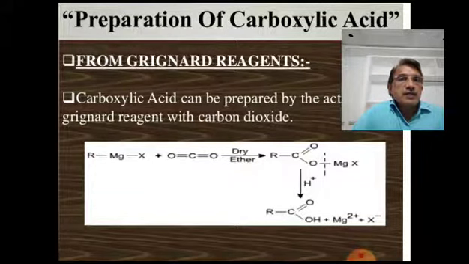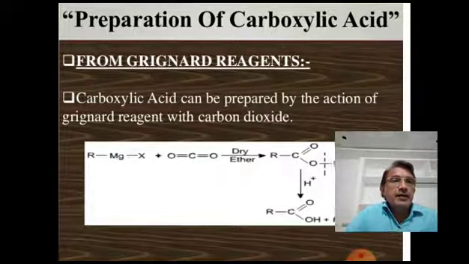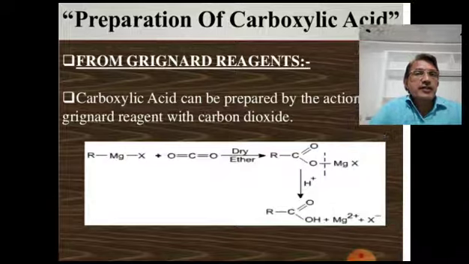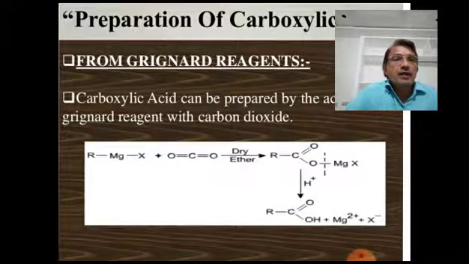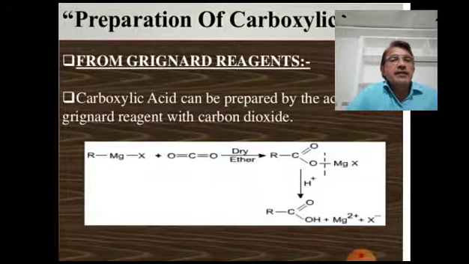Carboxylic acids can also be prepared from Grignard reagents. Carboxylic acid can be prepared by the action of Grignard reagent with carbon dioxide. R-Mg-X is Grignard reagent, that is alkyl magnesium halide.